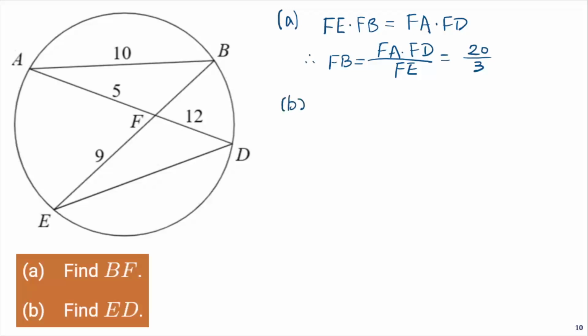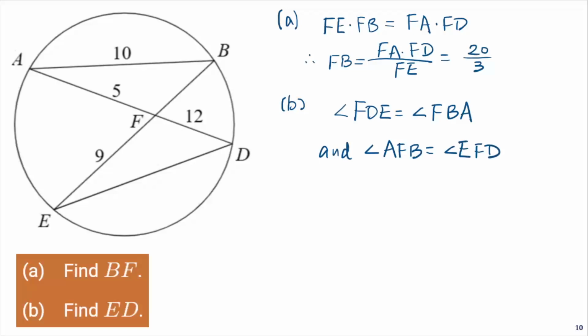For the second question, well, power of a point won't get us anywhere with ED. Our proof of power of a point guides us to the answer. Specifically, since we have angle FDE equals angle FBA, and we also have angle AFB equals angle EFD, we have triangle AFB similar to triangle EFD.